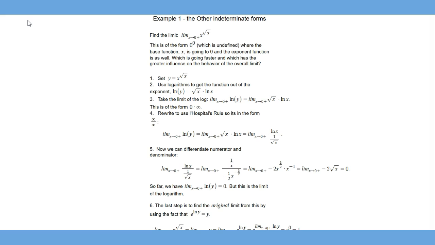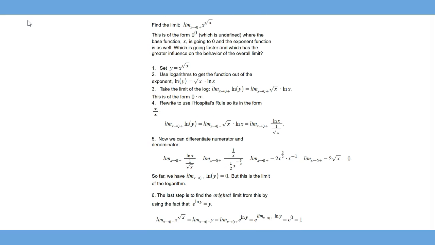So this is the first example of these other indeterminate forms: the limit as x goes to 0 from the right of x raised to the square root of x. This is of the form 0 raised to the 0. Again, this is an indeterminate form because if you look at it one way, is it 0?